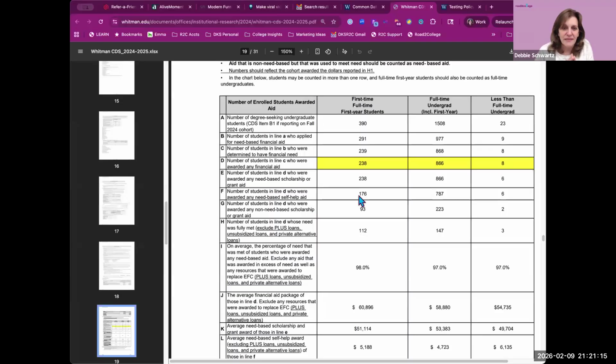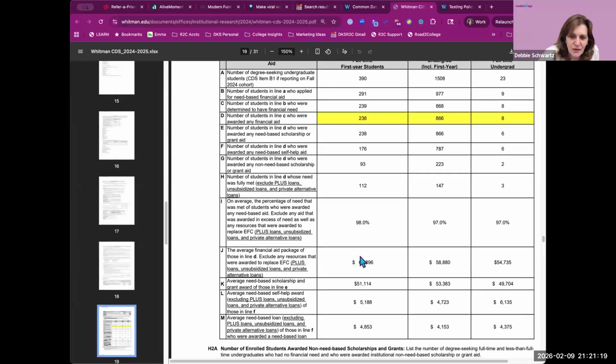Okay, and this is need-based aid. Let's also go down. Here's another important piece of information. On average, this is line I, the percentage of need that was met of the students who were awarded any need-based aid.